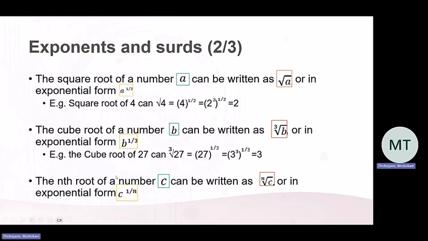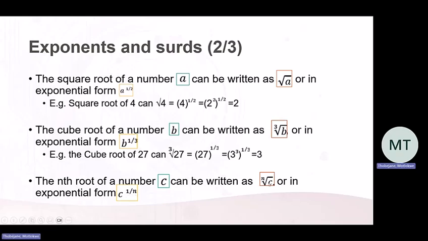Now, what we are saying therefore is the nth root of a number c. C can be any number, right? The nth root of c can be expressed, in exponential format, as c as a base to the power of 1 over n.